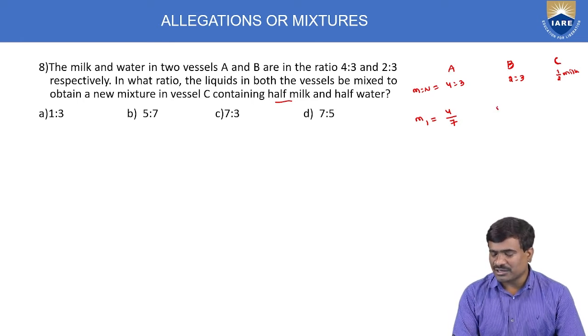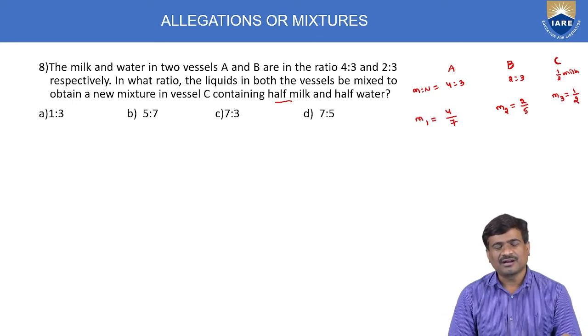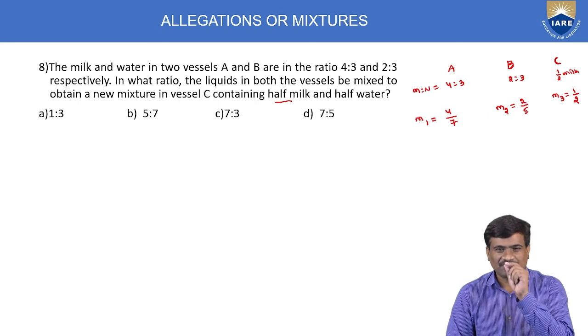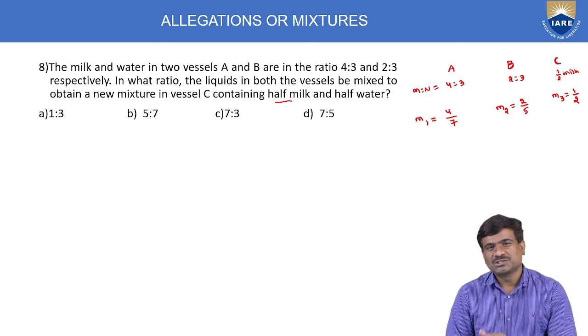Similarly, milk quantity in the second container is 2 by (2 plus 3). Milk in the third container is half. Here consider only milk but not water. Water price is rupees 0, and 0 into anything is equal to 0.